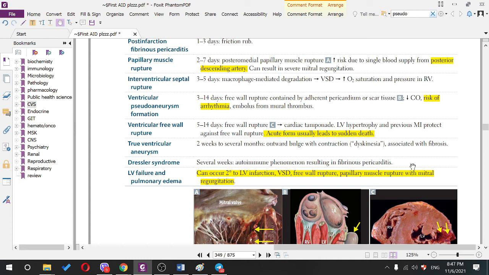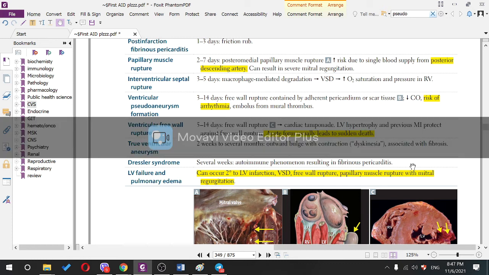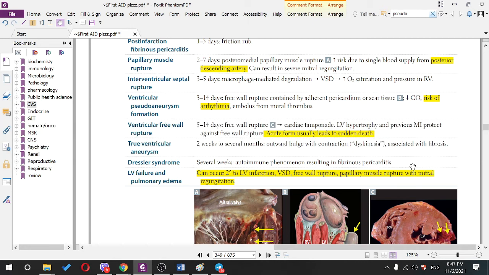Well, if you had an MI before, what will happen at that area? There will be scar formation. Yeah, guys? So, is a scar formation made out of fibrous tissue or cardiomyocyte? Fibrous tissue. The fibrous tissue can be quite thick, and for the macrophages to go and eat a cardiomyocyte is not a big deal.